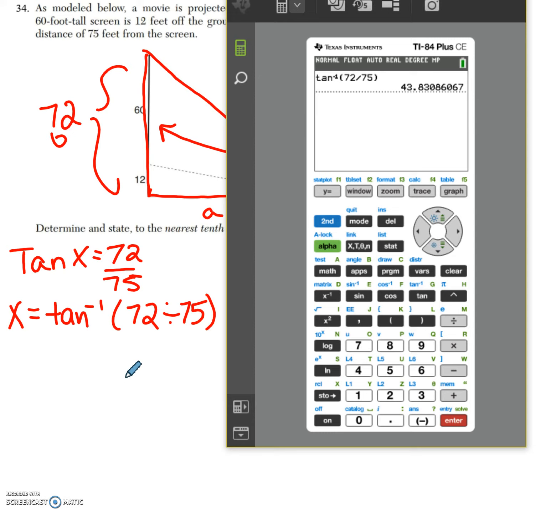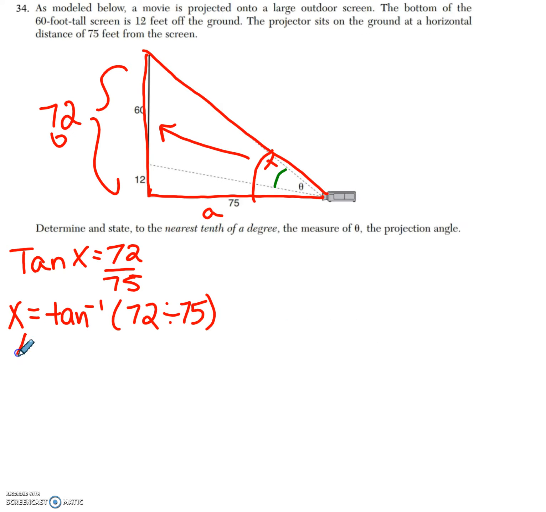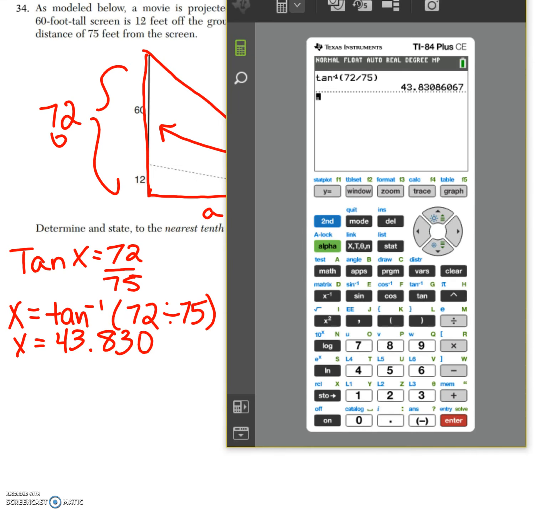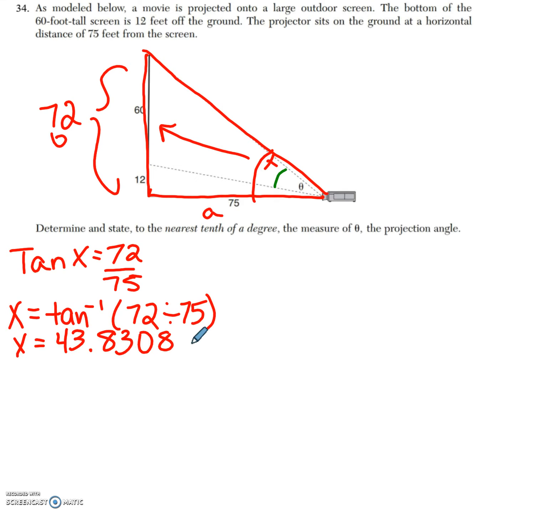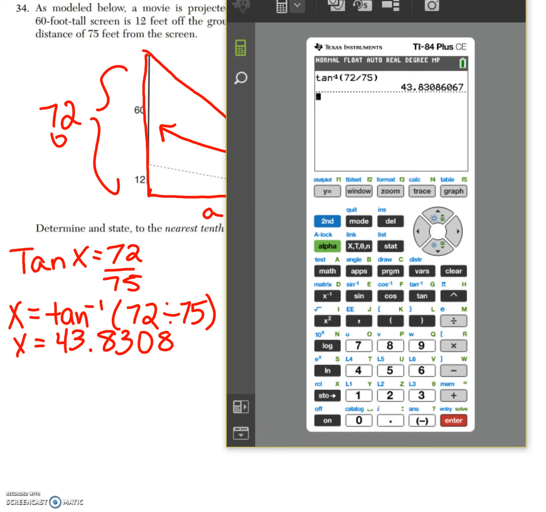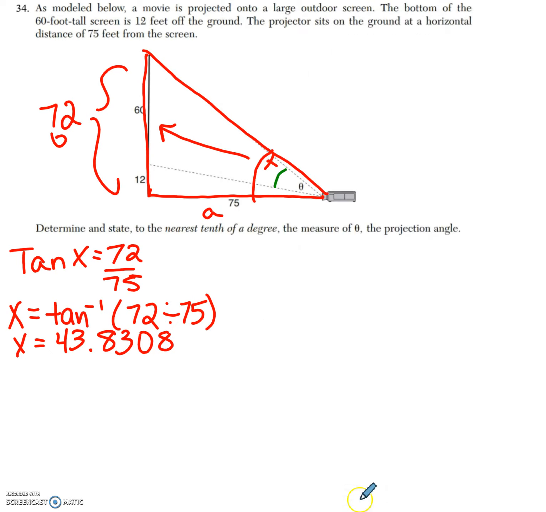Remember, I want to write that entire number down. So X equals 43.83086067.